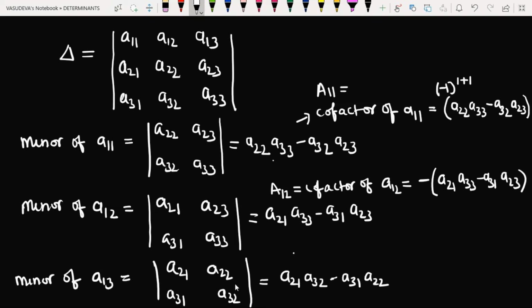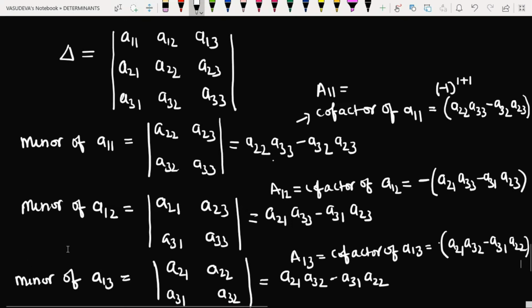And for the cofactor of the element A13, 1 plus 3 is an even number, therefore it is plus, therefore A21 into A32 minus A31 into A22.